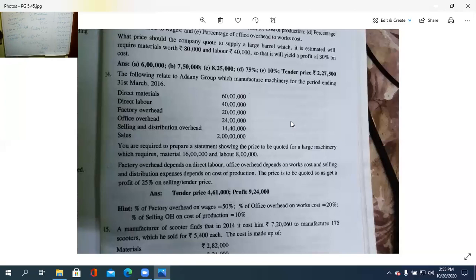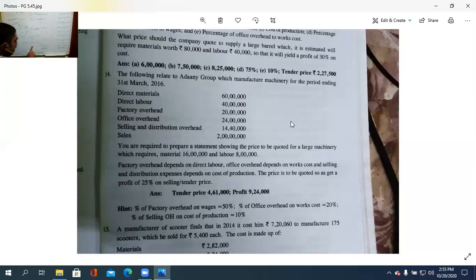So 24 divided by 120, then 5 zeros, into 100. So 20%. This is one and this is one.